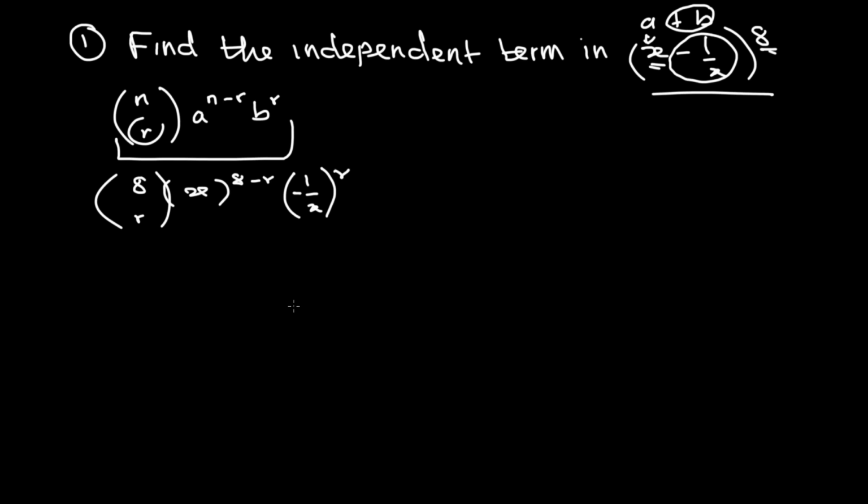Okay, now they're asking us for the independent term. If you checked our earlier videos, we had looked at simplification of exponents. So you need to now focus on these two, right? So I will just be repeating this so that we don't drop any terms out. So this one is going to maintain that, but I need to simplify this. There are several ways in which we can simplify this, but the one that is going to be helpful is if I take this and I take it inside here.